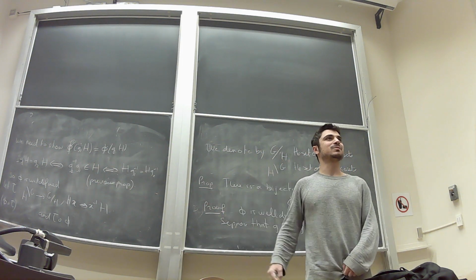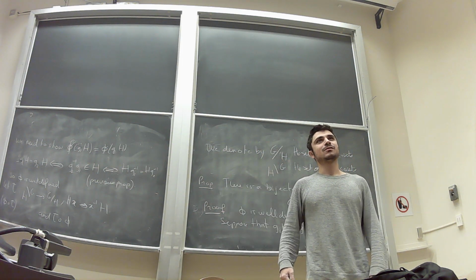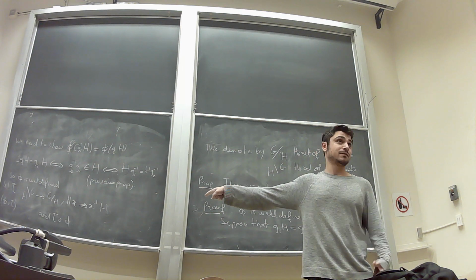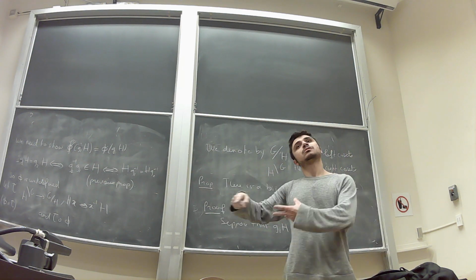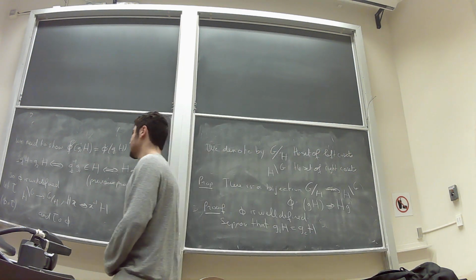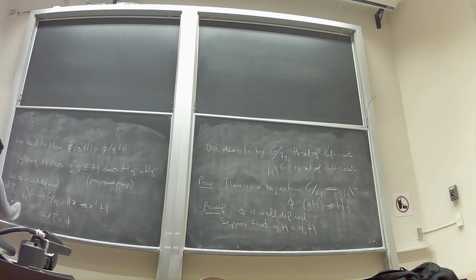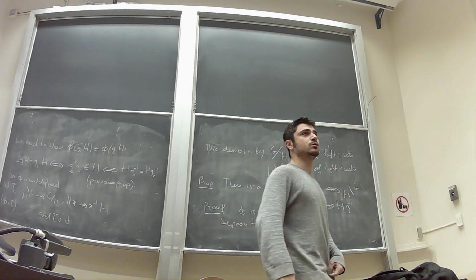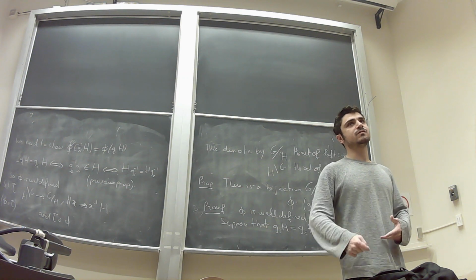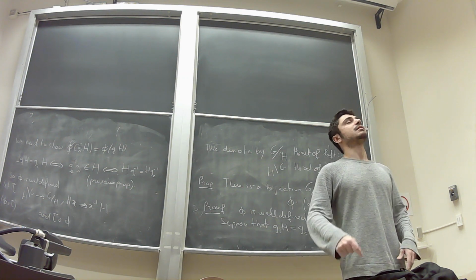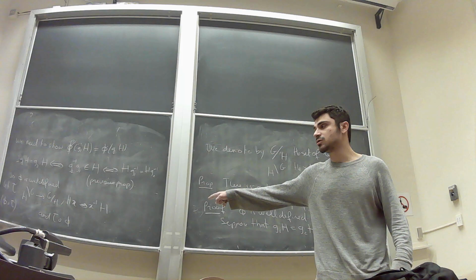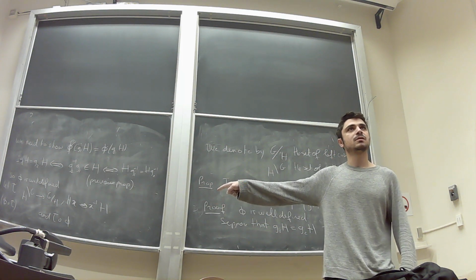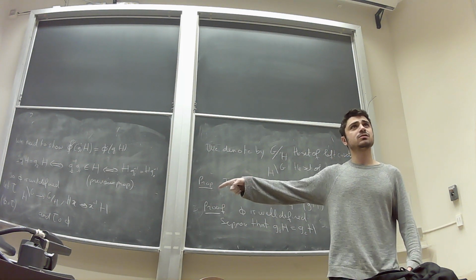So this is one way to prove it's bijective: you find an inverse for it, and then show that phi composed with tau is the identity on this one, and tau composed with phi is the identity on this one. It's not bad, right? You're just using that x inverse inverse is equal to x. That's what you will be using. Is it clear, or should I just do it?